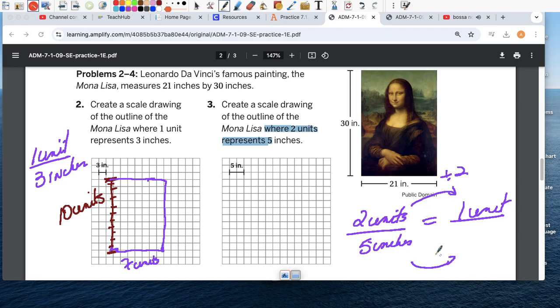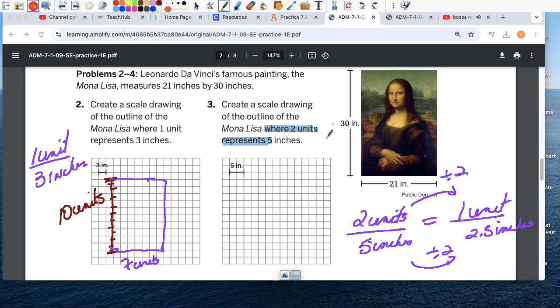So if I divide it by 2 at the bottom, we get 2.5 inches. So every unit represents 2.5 inches. Now, notice that that's a little bit of a pain, right? Because if you go 1 unit, it's supposed to be 2.5 inches. So, right, if you're comfortable counting by 2.5, that's completely fine as well.